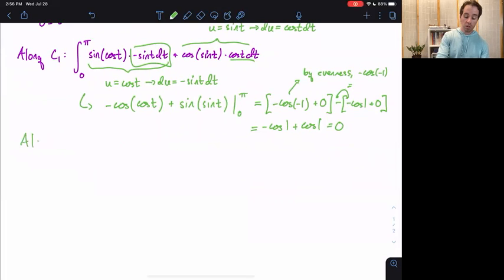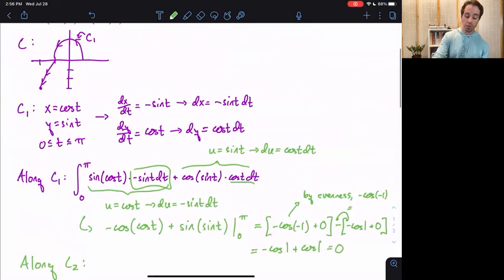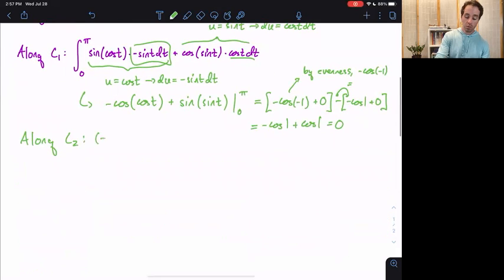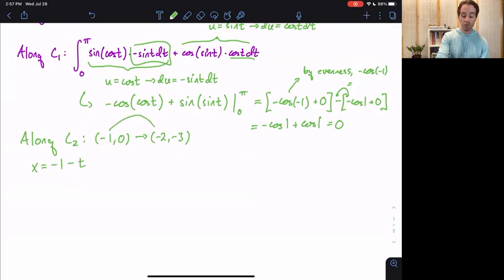So then along C2, well, now we have to parameterize this. This goes from negative 1, 0 to negative 2, negative 3. We can parameterize this. X is going to be equal to the starting point, negative 1, minus 1t, because that's how you get from negative 1 to negative 2 as t goes from 0 to 1.